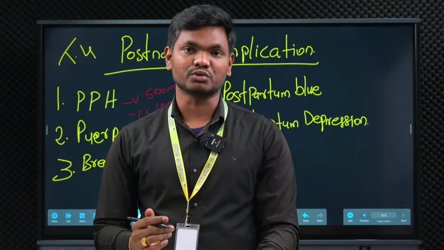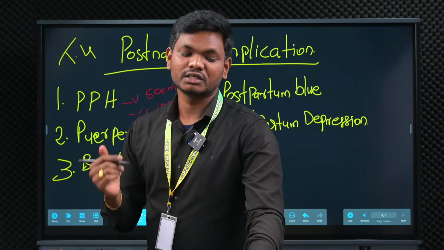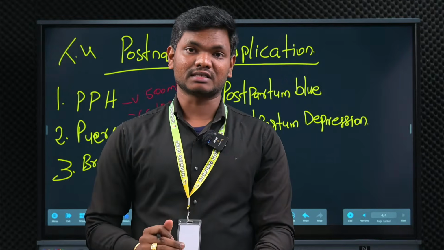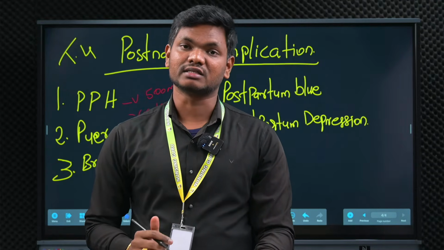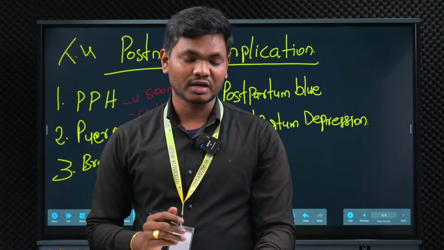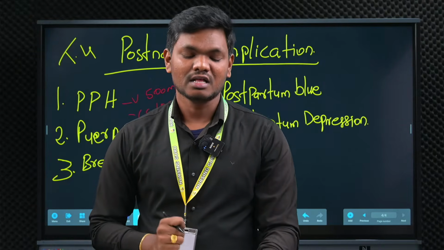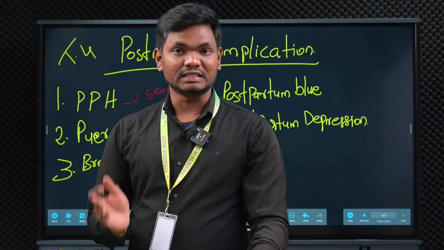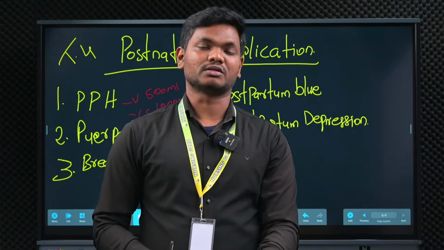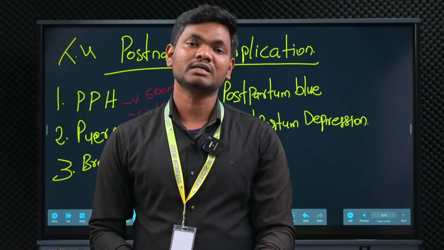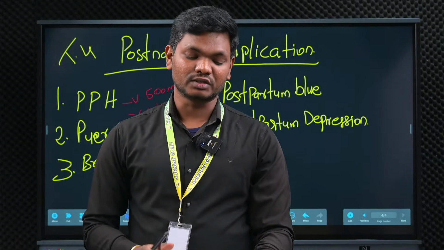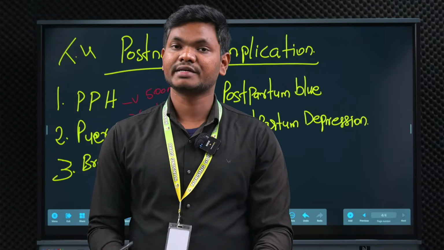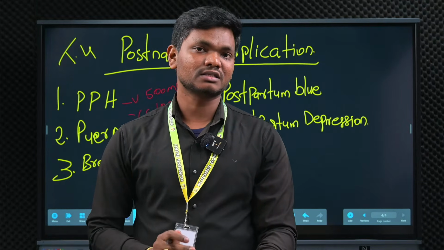Then tissue, the second T, refers to placental pieces, for example retained placenta. Then trauma. Trauma means cervical tear, vaginal tear or uterine rupture. So when trauma has happened in the uterus, the cervix or the vagina, that may lead to heavy bleeding. That is the third T.